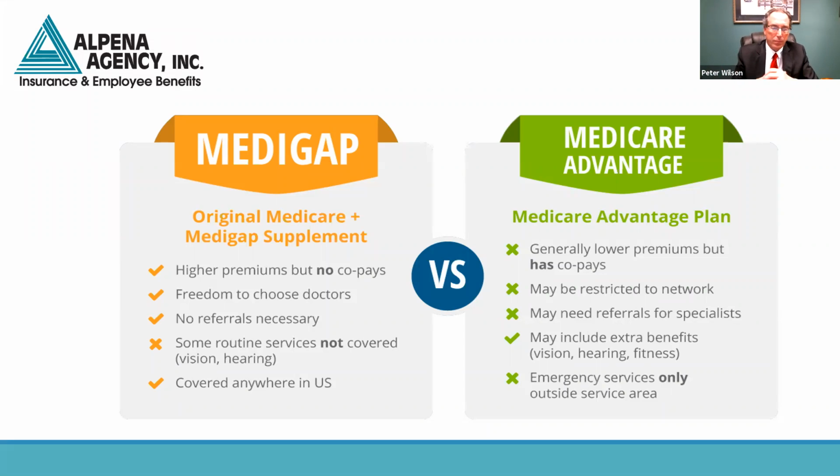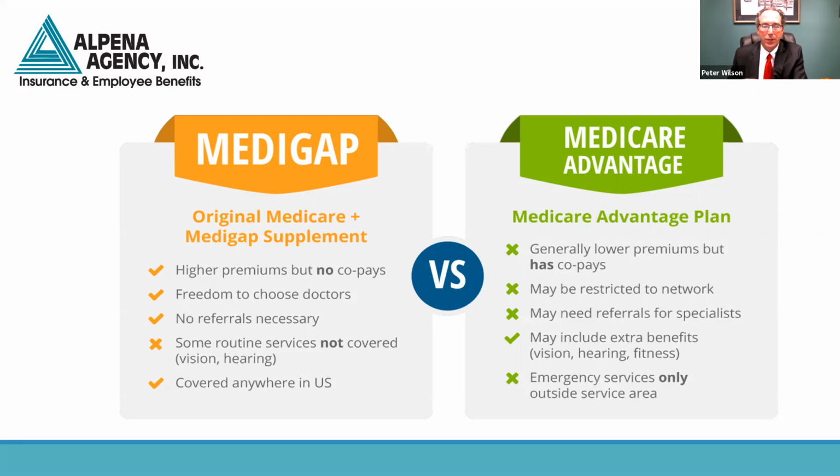Medigap, no referrals necessary. With an Advantage plan, sometimes if you get the HMO plan, you would need referrals to go to a specialist and so forth. Medigap, there's no routine services provided. As we mentioned, preventative dental or vision are included in the Part C Advantage plans.